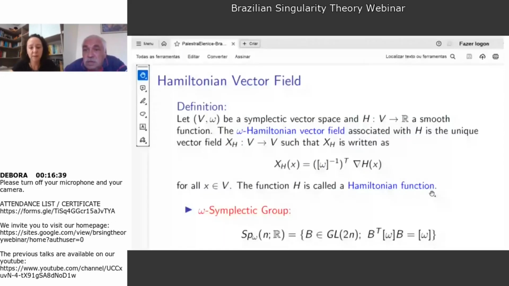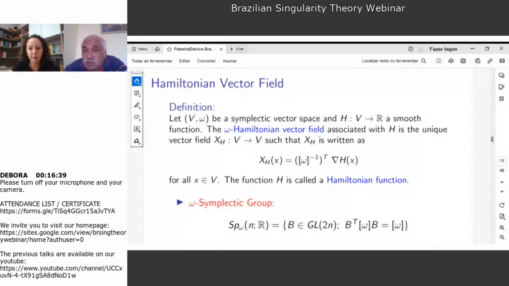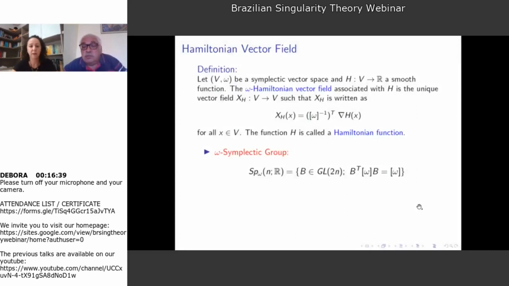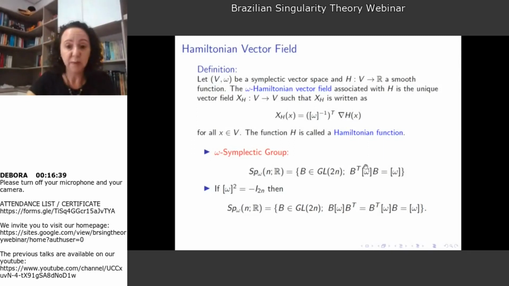It is isomorphic, and we mention after that it's canonically isomorphic. This symplectic group is defined when the matrix omega satisfies a property similar to that of the matrix J: J squared is minus identity.